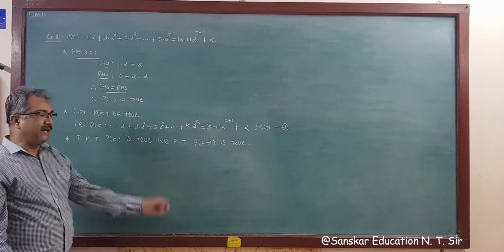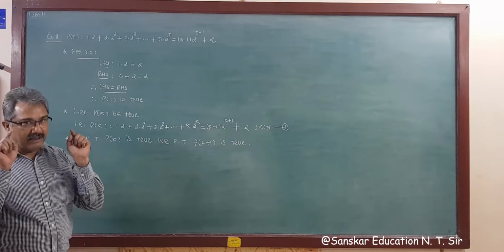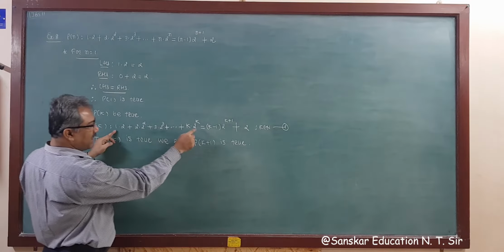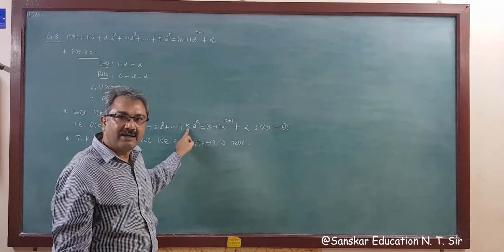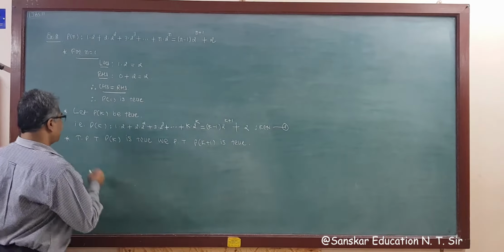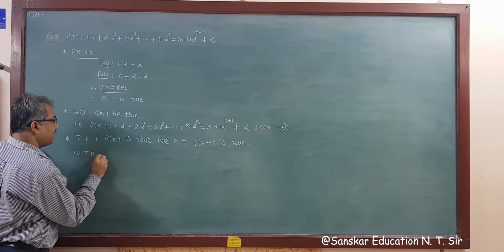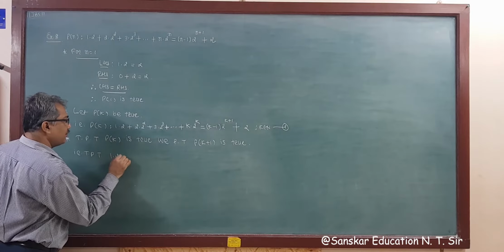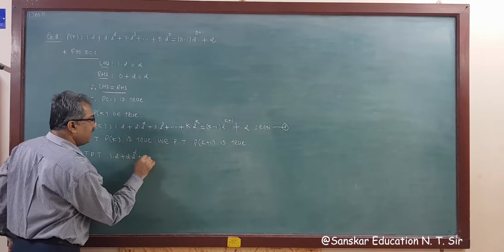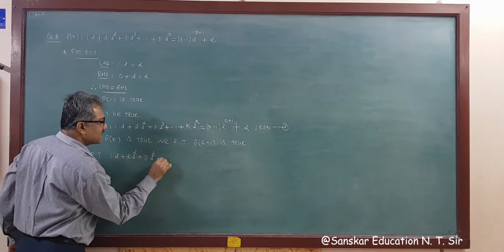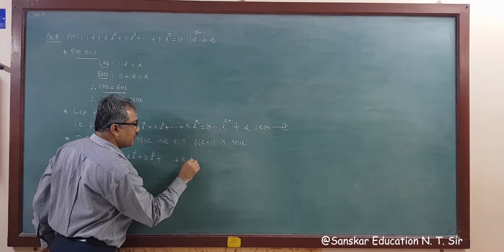You know, for writing P(k plus 1) step, you have to write down left hand side of this Pk as it is and then replace this k by k plus 1. So that is to prove that 1 into 2 plus 2 into 2 square plus 3 into 2 cube plus ... plus k into 2 raised to k.